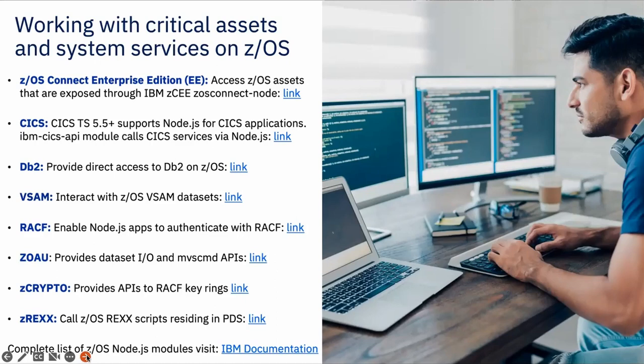You can work with z/OS assets exposed through the z/OS Connect application, and also CICS TS version 5.5 supports Node.js as a native development language. You can create packages and modules with CICS. It treats it like Java, so you can have a Node application running in the CICS region as well. We'll also have access to DB2, VSAM, RACF, crypto, and REXX.